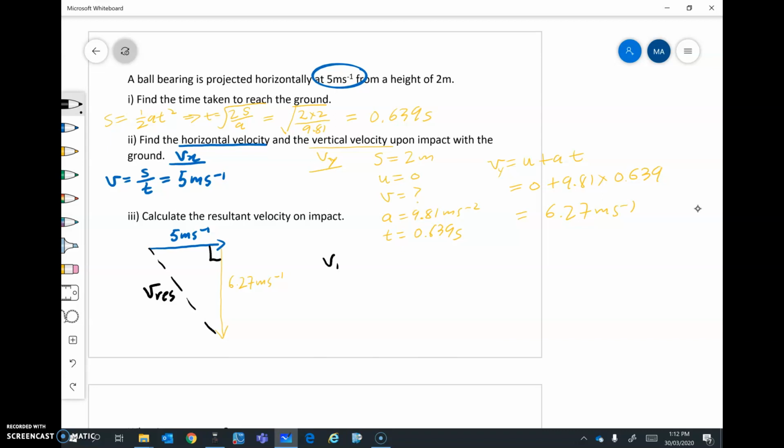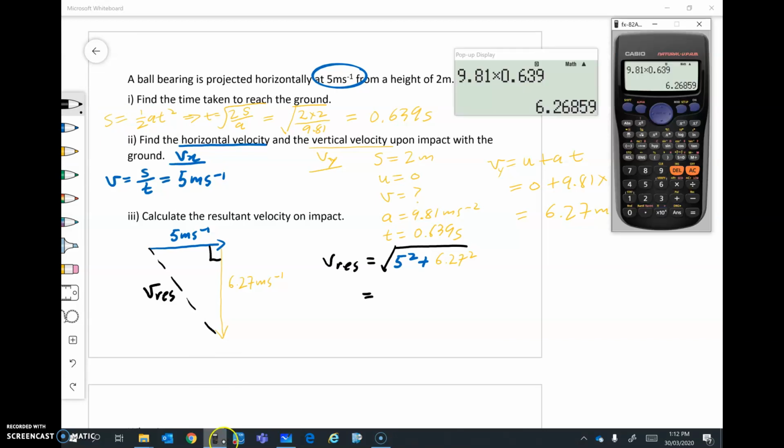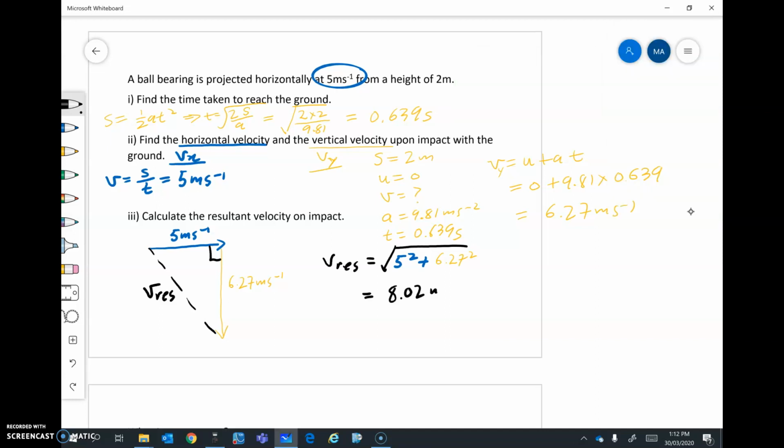Okay, so V res equals the square root of the horizontal velocity squared plus the vertical velocity squared, which gives us 5 squared plus 6.27 squared, 8.02 meters per second. So there's the magnitude of the resultant velocity.